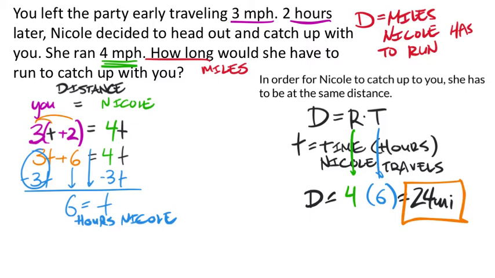Maybe you set up a time formula in here or a rate formula. But again, the rate was given directly. The time wasn't, right? But one of the key factors in this is that she's going to catch up with you. And that is how we made this part of the formula. It was a distance. That's what it means to catch up. It was an equal distance on that one.